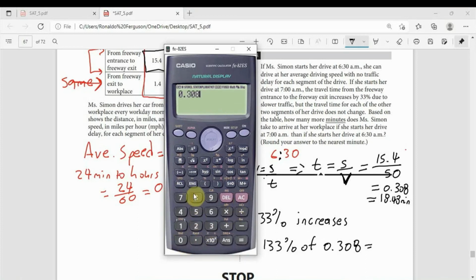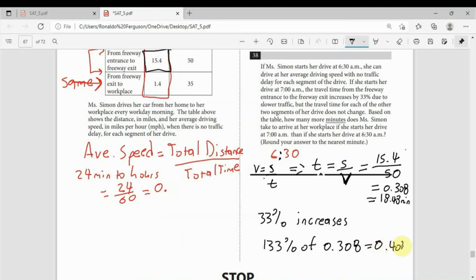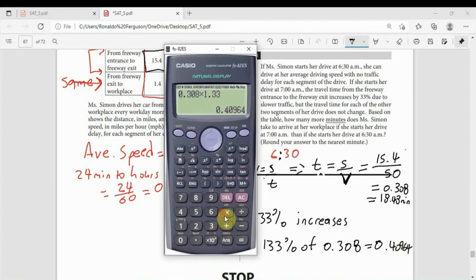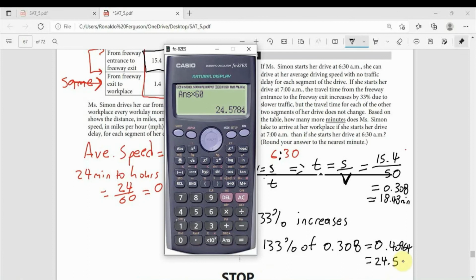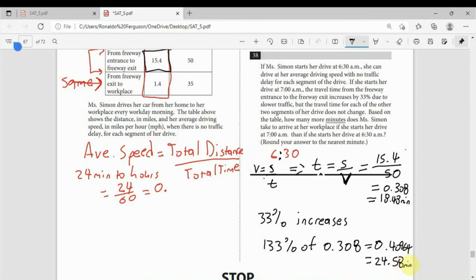The 0.308 we multiply by 1.33. That gives us 0.40964. And then we multiply this by 60, and that's telling us 24.578, or we can just say 24.58 minutes.